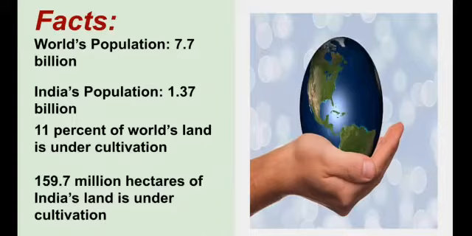And the last number, 159.7 million hectares, means this much land is under cultivation in India.